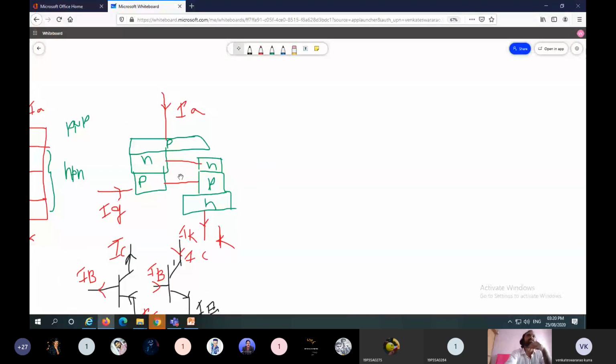So if you draw this structure in the form of symbols, this NPN transistor is like this.